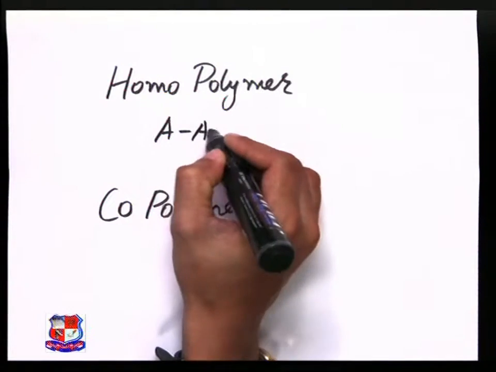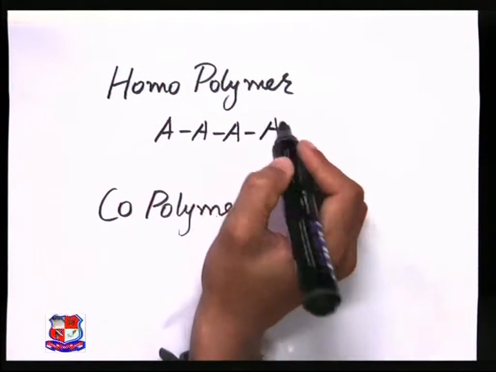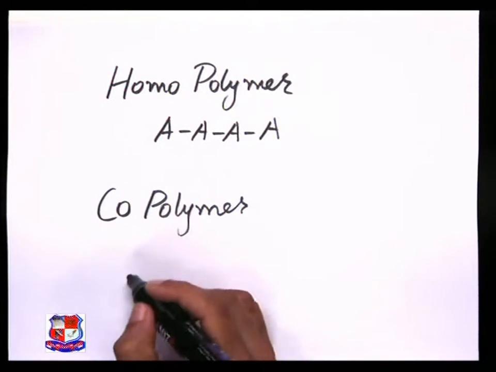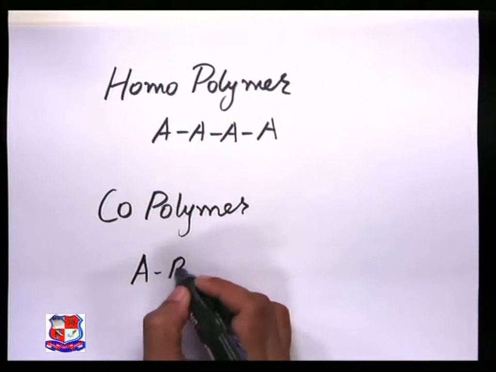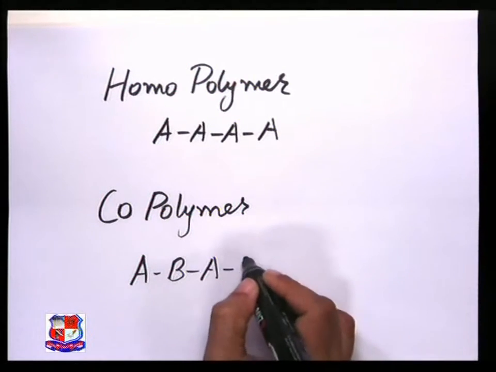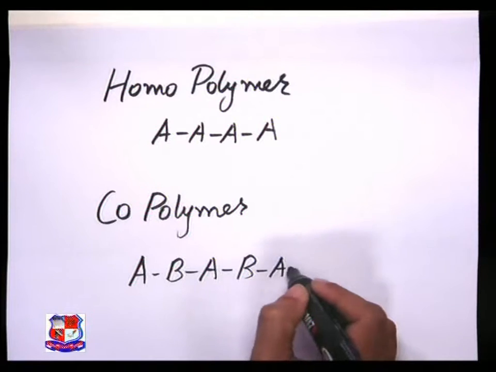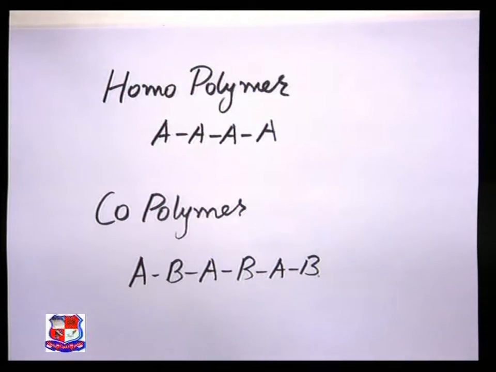Homopolymer is something like this, it has the same monomers, all A monomers for example. And copolymer is something like this, so it will have different monomers in the chain. So this is your copolymer. This one has to be remembered.